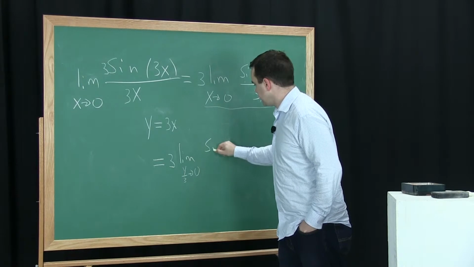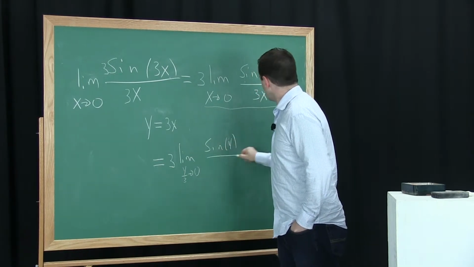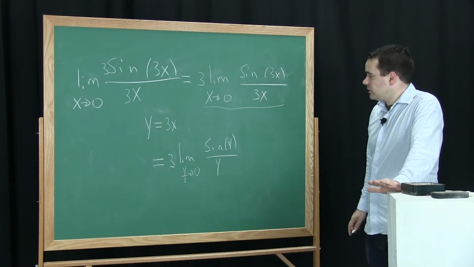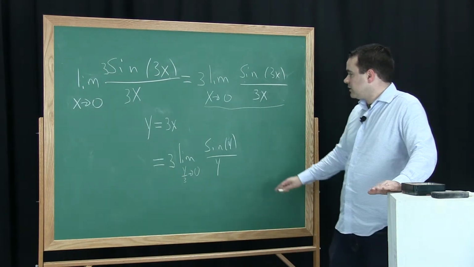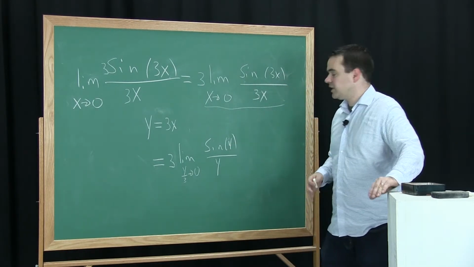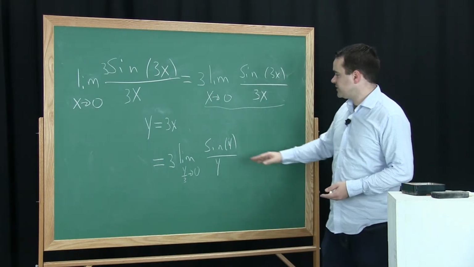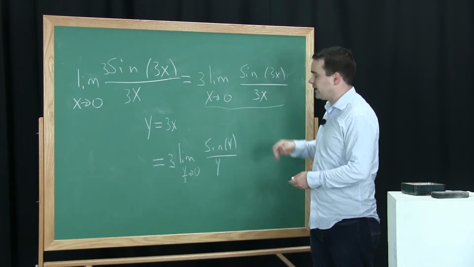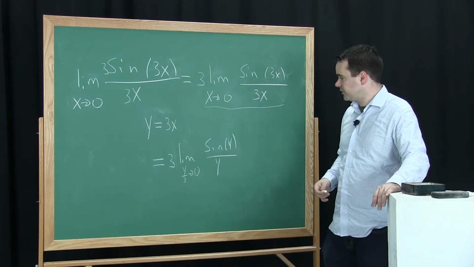And then you've got sine of y over y. Now, if I just had the limit as y goes to 0 of sine y over y, that's definitely equal to 1. That's just using a different letter, y instead of x, for the variable.